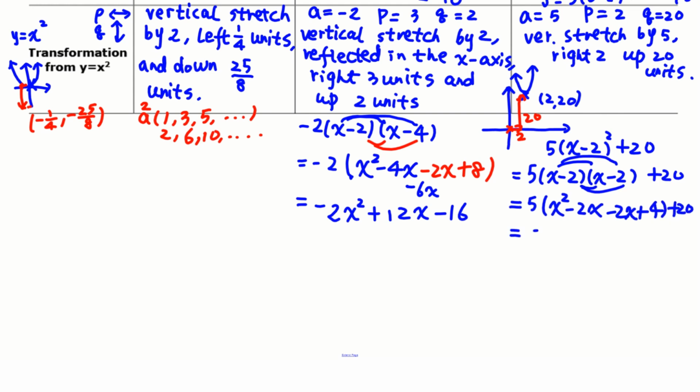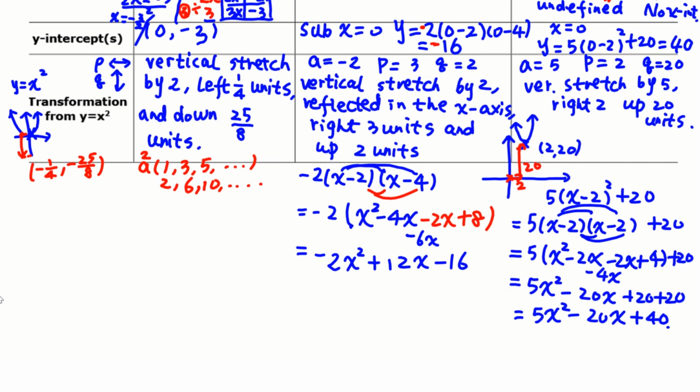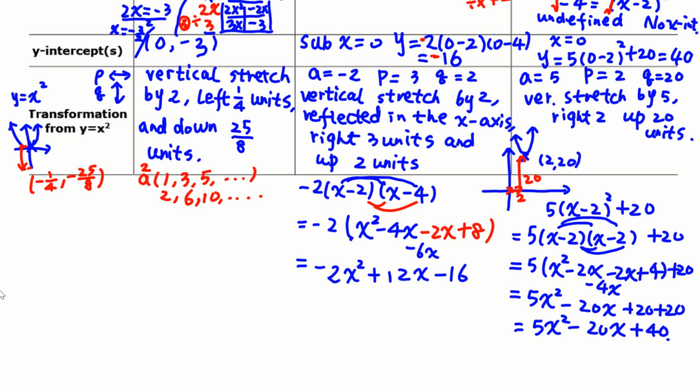You will have 5 times (x squared minus 4x plus 4), which gives you 5x squared minus 20x plus 20, plus 20. You have 40, then it's done. So just expand factor form or vertex form, and you are going to be able to have the standard form. So that is one chart that included all the conversions, all the information that you can get from each form.